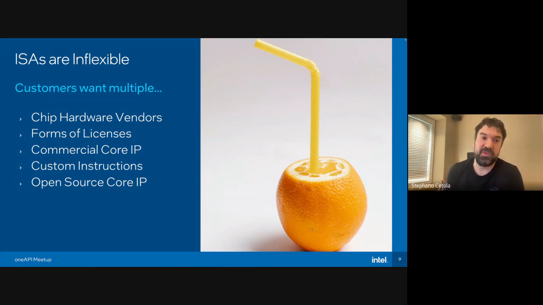They want to be able to choose between different kinds of licensing schemes, whether they be cross-licensed or open licensed or proprietary licensed. Many customers want commercial cores available, but at the same time, they want to be able to develop custom IP. And they might even want open source cores.